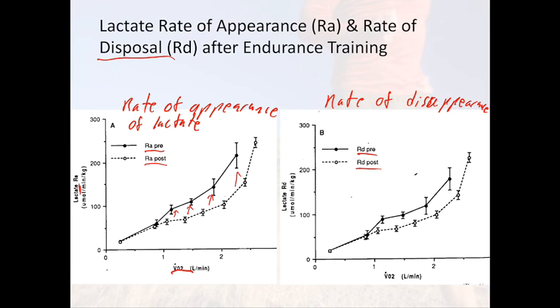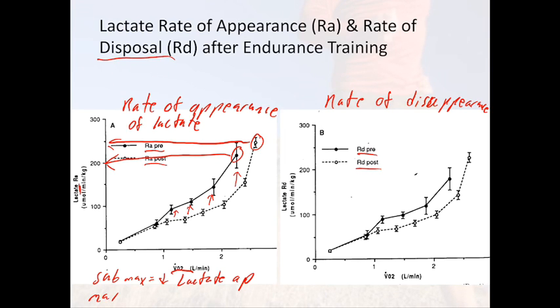What that means is that at each VO2, submaximally, we see a decrease in lactate appearance. But then when we get out to maximal, the post-training value is actually higher, right? We're going over to here versus going over to there. So that post-training value is actually higher. So maximal lactate appearance goes up.